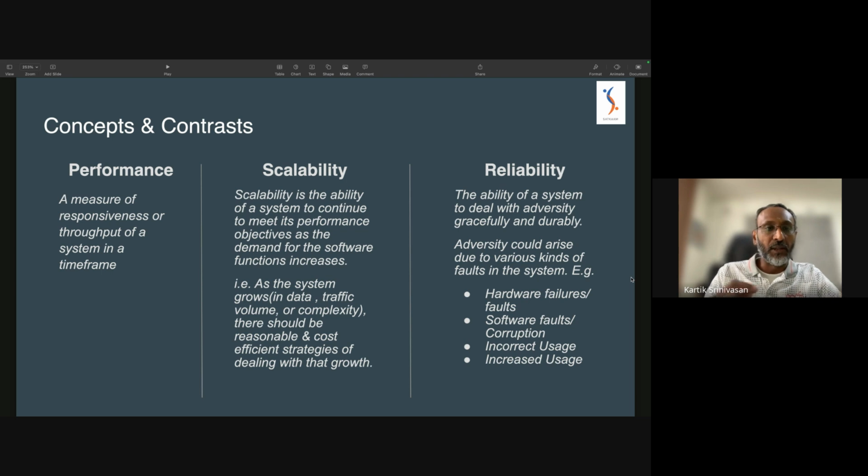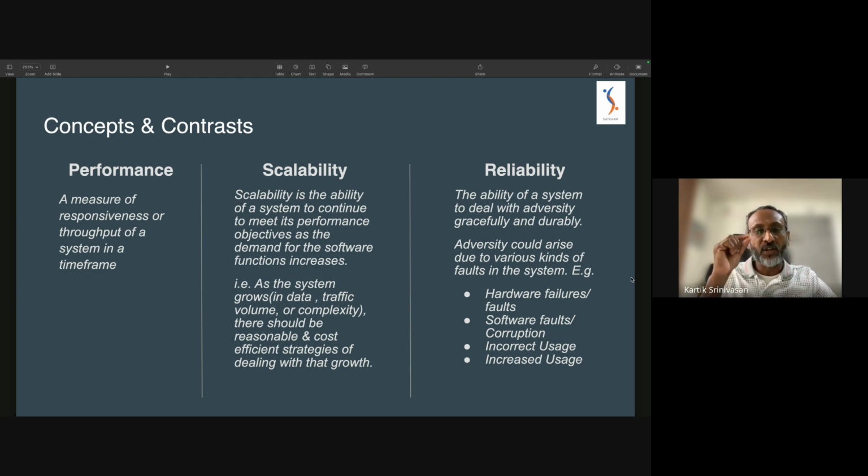Performance, very simply speaking, is a measure of responsiveness or the throughput of a system in a certain time frame. So for example, if you're driving a car, or a bike, the performance of that bike or the car is essentially measured in terms of responsiveness, in the sense that how much time does it take for you to go from 0 to 60, right?